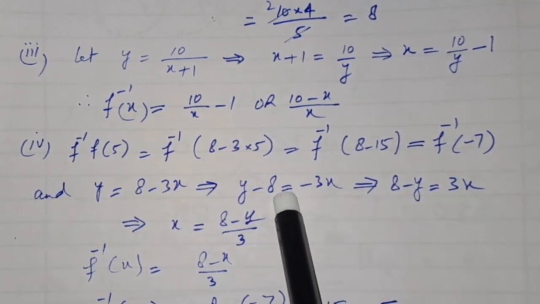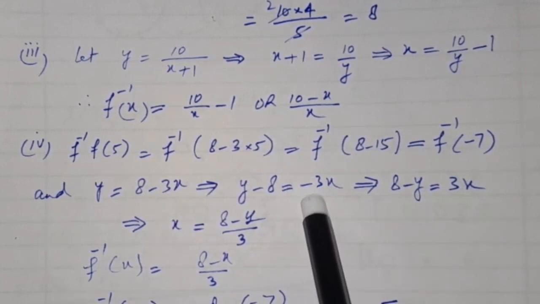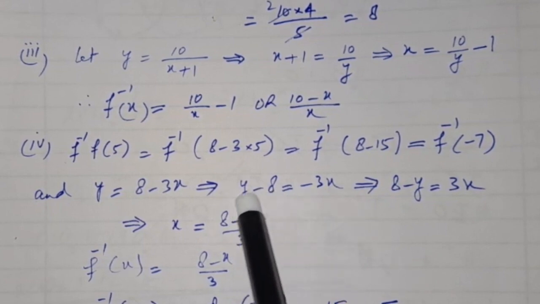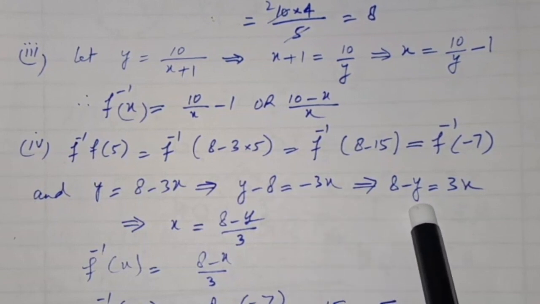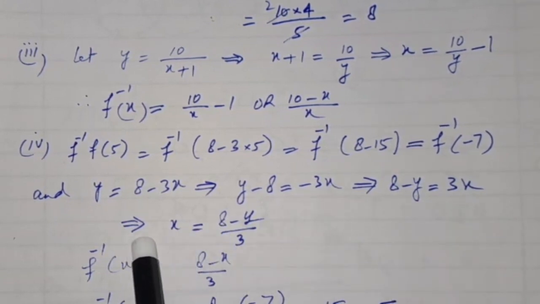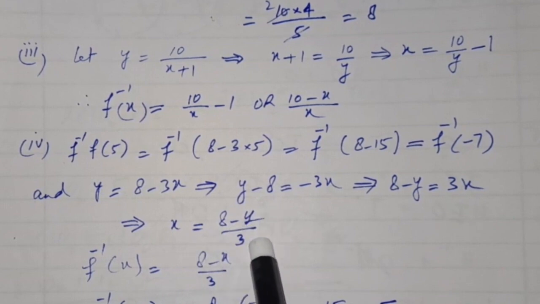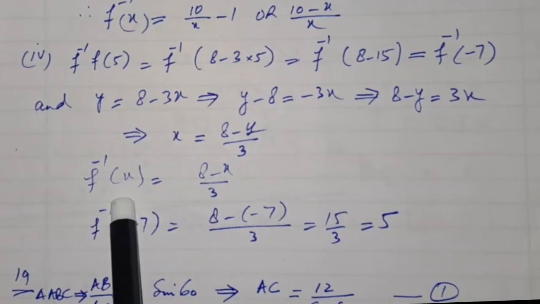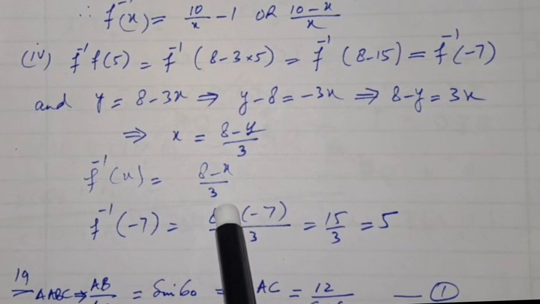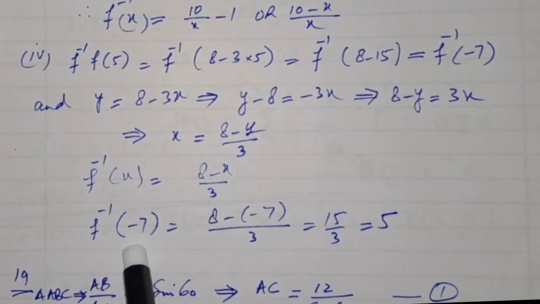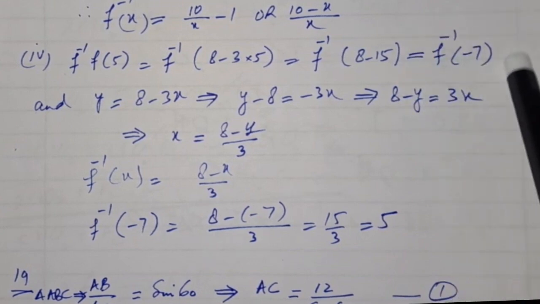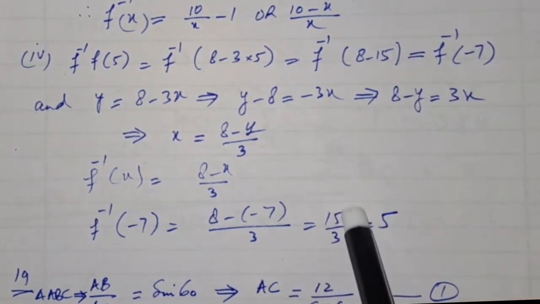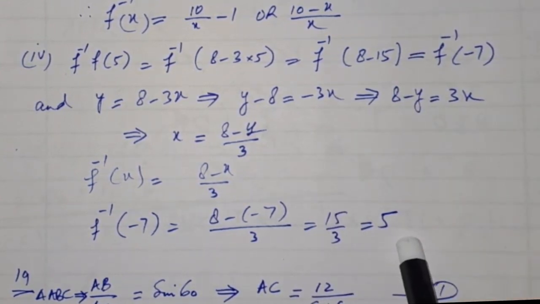In order to get this minus gone, we multiply this side with minus and this side with minus, and we get 8 minus y is equal to 3x, means x is equal to 8 minus y over 3. So f inverse will be 8 minus x over 3, and f inverse of minus 7 will be 8 minus minus 7 over 3, which is equal to 15 over 3, and the answer is 5.